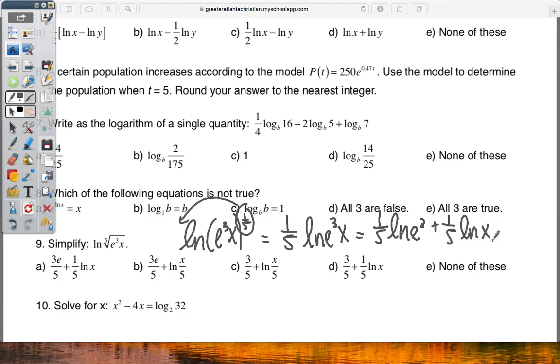Yeah, and then the 3 goes to the front. Good. The 3 shoots to the front, which would be 3/5 ln e plus 1/5 ln of x. Good. What happens with ln and e? They cancel out. That does cancel. Good. And that's why it would be 3/5 plus 1/5 ln x. Okay? Good?